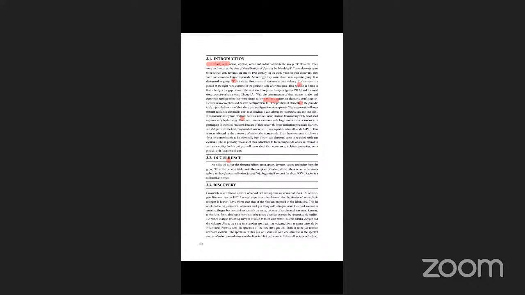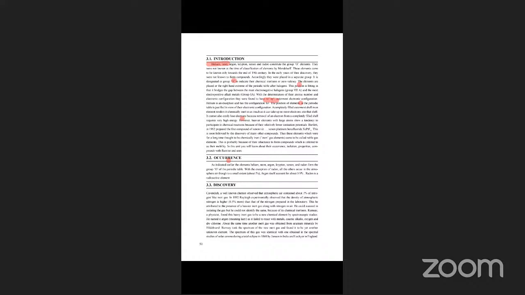Argon alone accounts for 0.9%. The remaining helium, neon, krypton, and xenon together make up the rest of the 1%. Radon is a radioactive element. This is the occurrence of zero group elements.